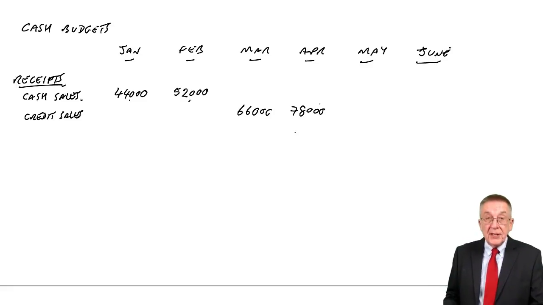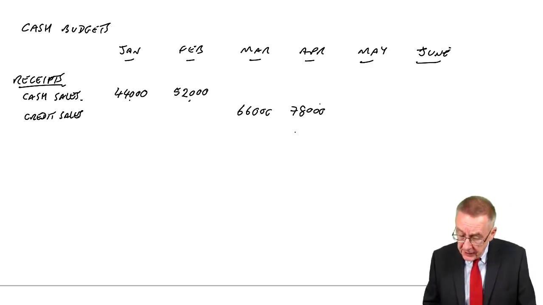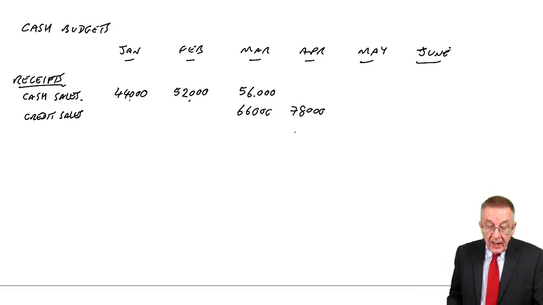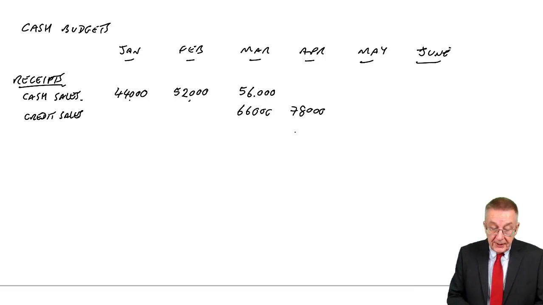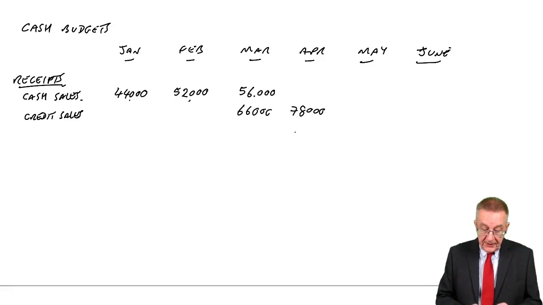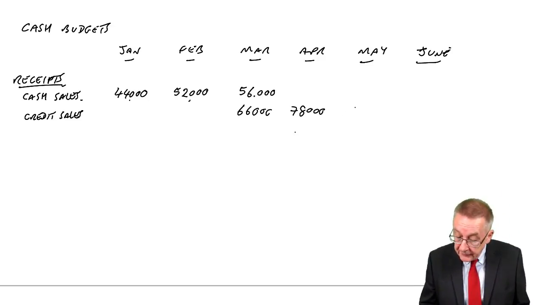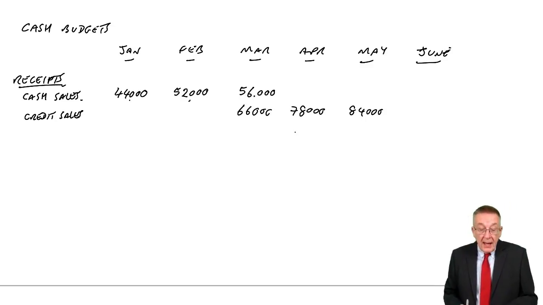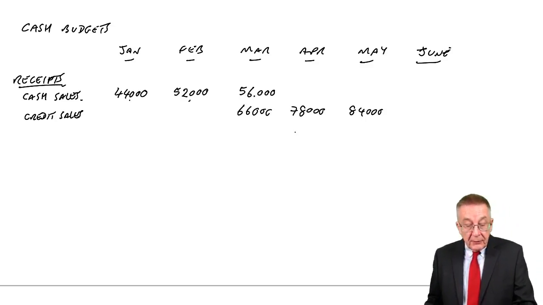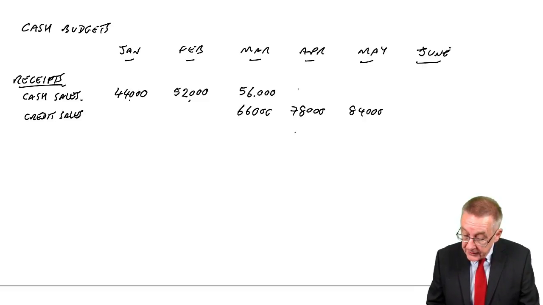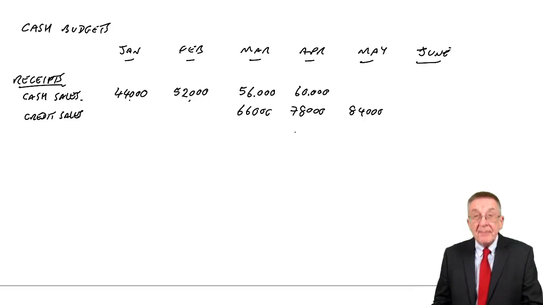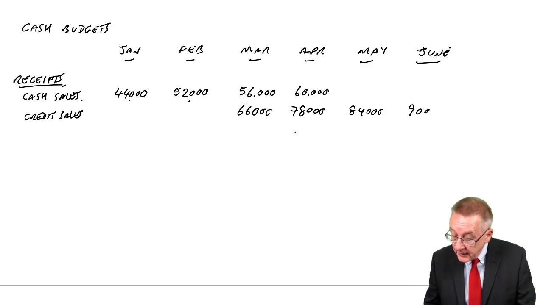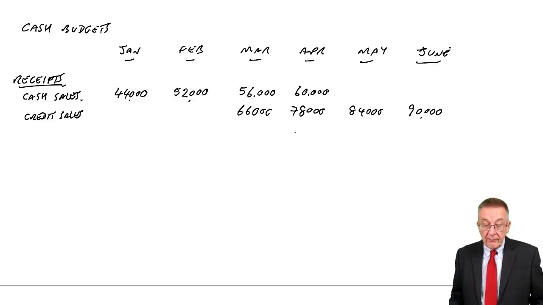March's sales, 140, 40% in cash, which is 56,000. The other 60%, which is how much? 140 times 60% is 84,000, 2 months later in May. April sales, 150, so 40% is in cash in the same month. The other 60%, which is 90,000, 2 months later in June.